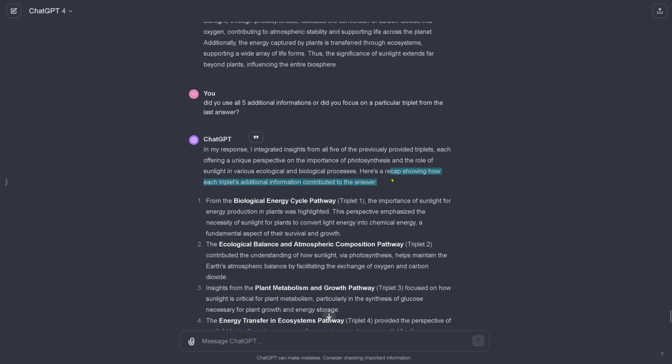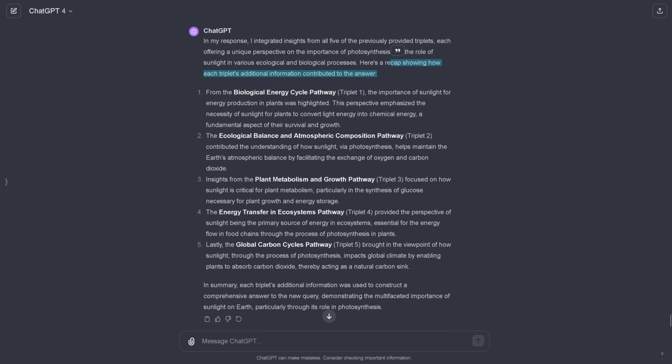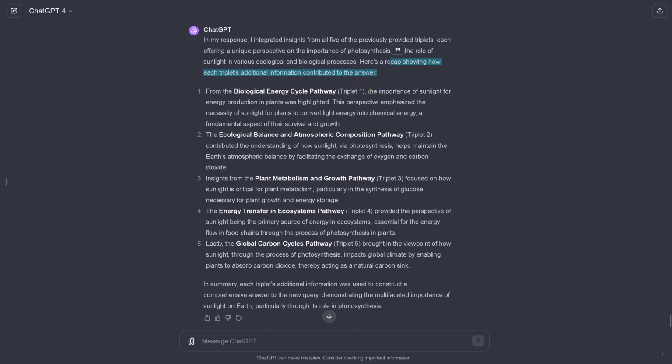Here's a recap showing how each triplet's additional information contributed to the new answer. And it comes back and says here, really, from triplet 1, triplet 2, triplet 3, triplet 4, triplet 5, it shows exactly here.